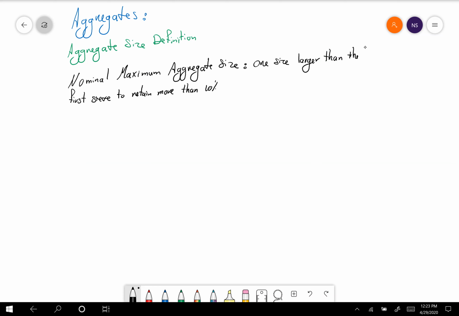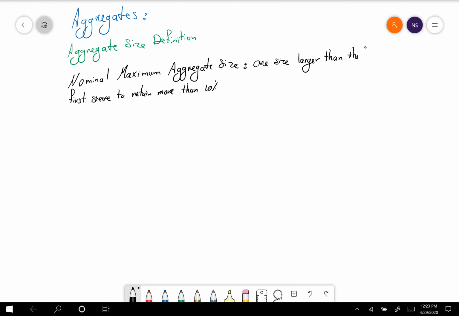So you do the sieve analysis and you know the percent retained on each sieve. And the first sieve that you have more than 10% retained, the sieve on top of that one will be the nominal maximum aggregate size.